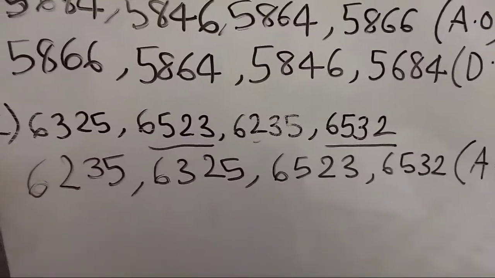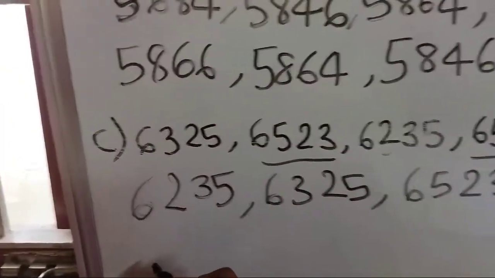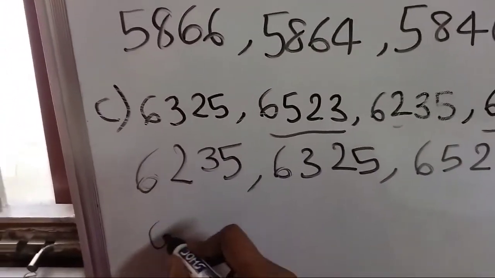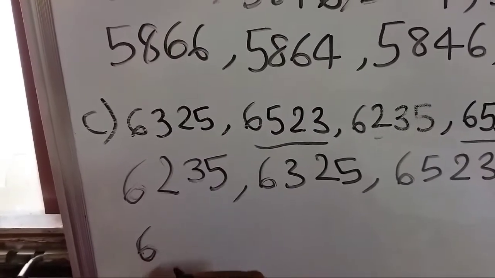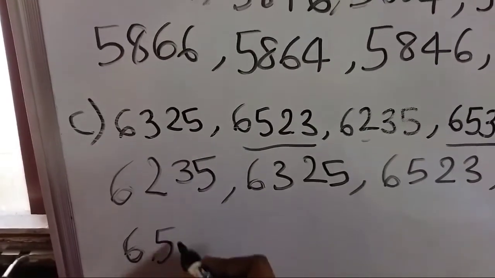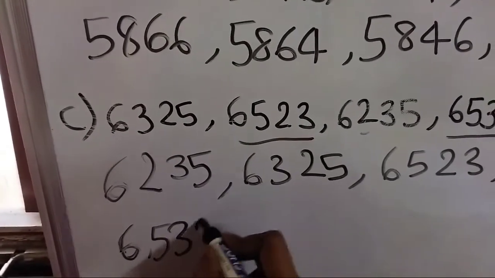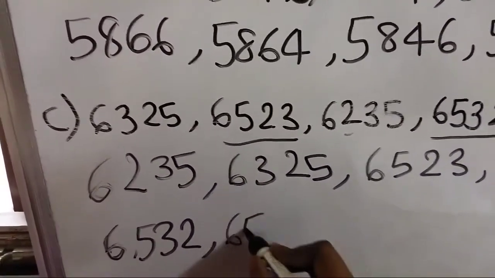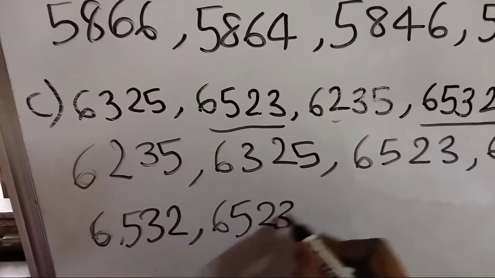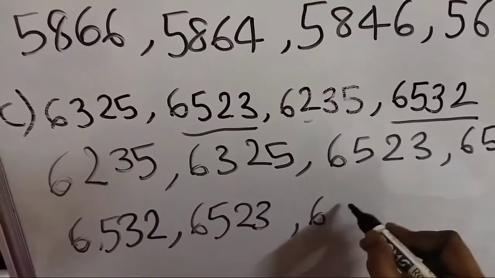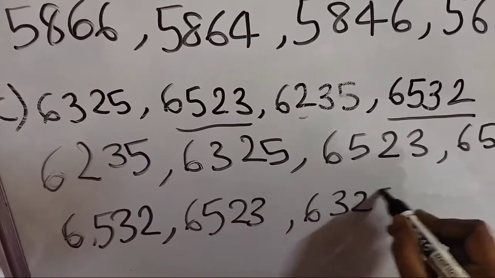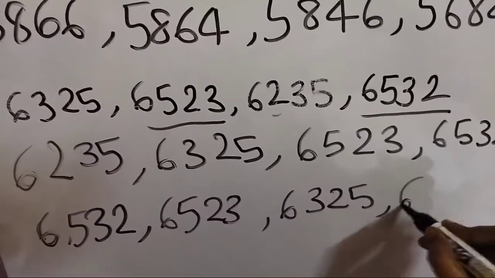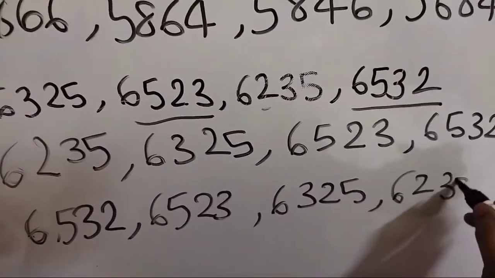Next we write descending order. Descending order starts with the biggest number. 6532 is the biggest number in these numbers. Next 6523. Next 6325. The last number is 6235.